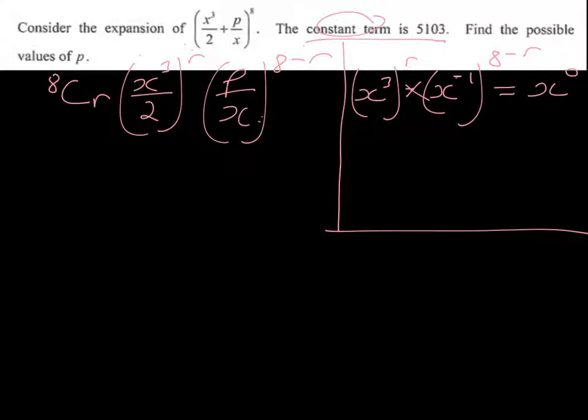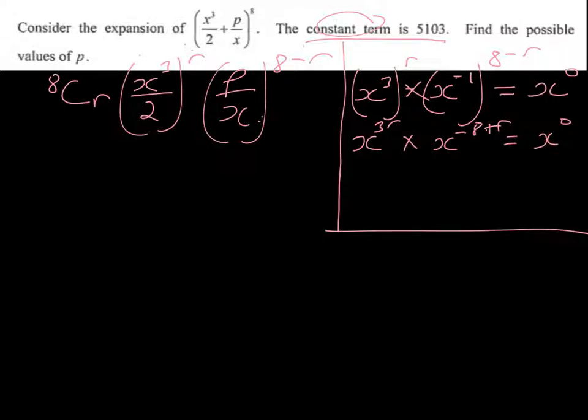That's the only way the x term can disappear, if you have x to the 0, which is, of course, 1. Using the laws of indices, if we have a power raised to a power, we can multiply. So we've got x to the 3r multiplied by x to the negative 8 plus r, which is going to equal x to the 0. And since we're multiplying two powers with the same base, we add them.